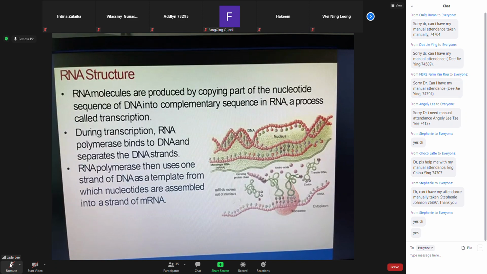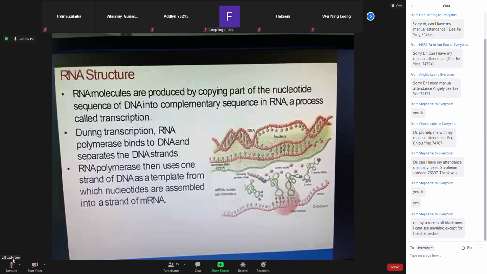Or have you not learned this yet? When mRNA is produced, the first one produced is what we call the pre-mRNA.